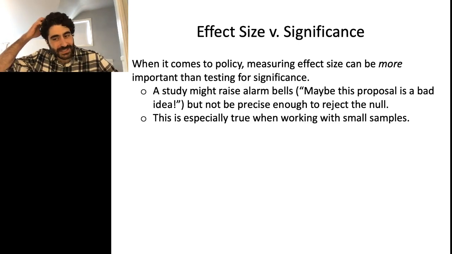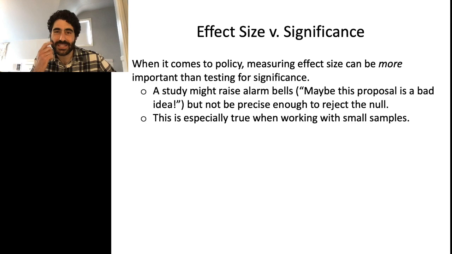A common mistake people make is thinking that p-values are the same thing as effect size, that small p-values mean the effect is big, and p-values above 0.05 mean there isn't an effect. That's not true. P-values just tell us about the certainty we have that the effect is non-zero. If we want to say how big the effect is, we need to use effect size measures.